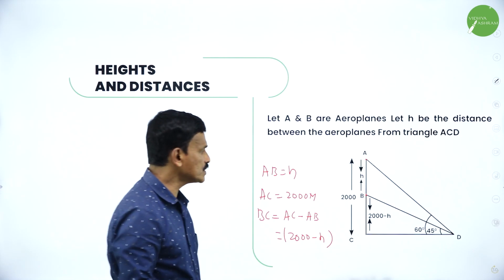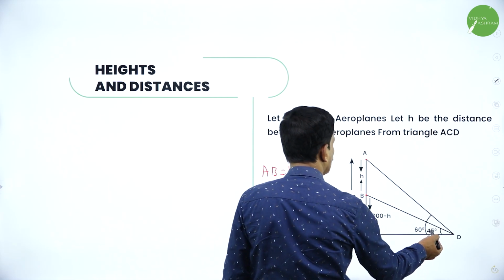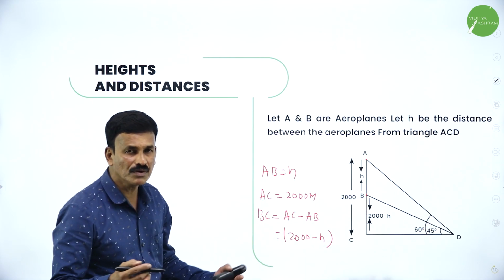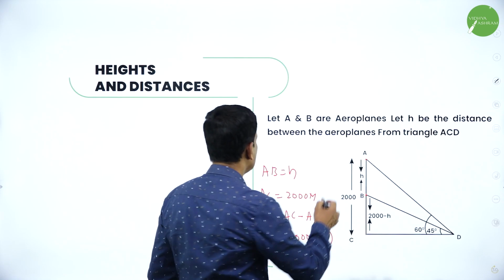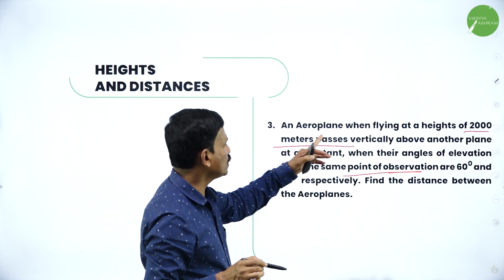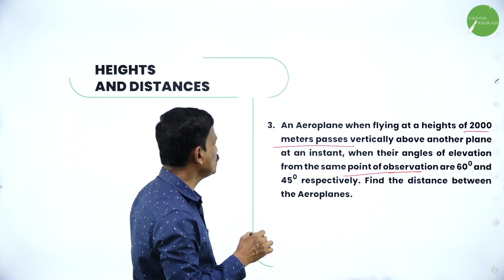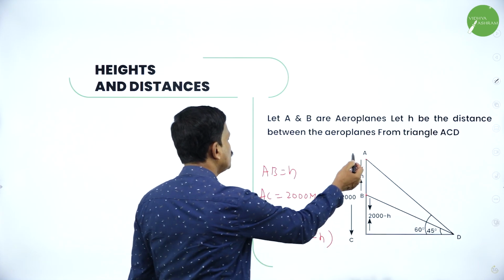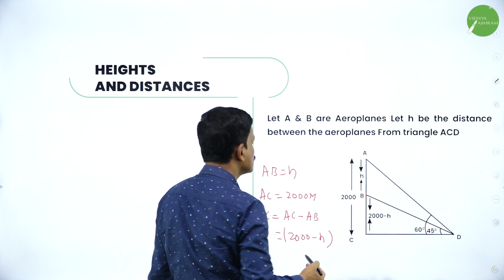The angles of elevation are given. So the angles of elevation are 45 degrees and 60 degrees. Very simple problem, very important. So what is given here? Let A and B be the planes. An aeroplane flying at a height of 2000 meters passes vertically above another plane. So A and B are the two planes.